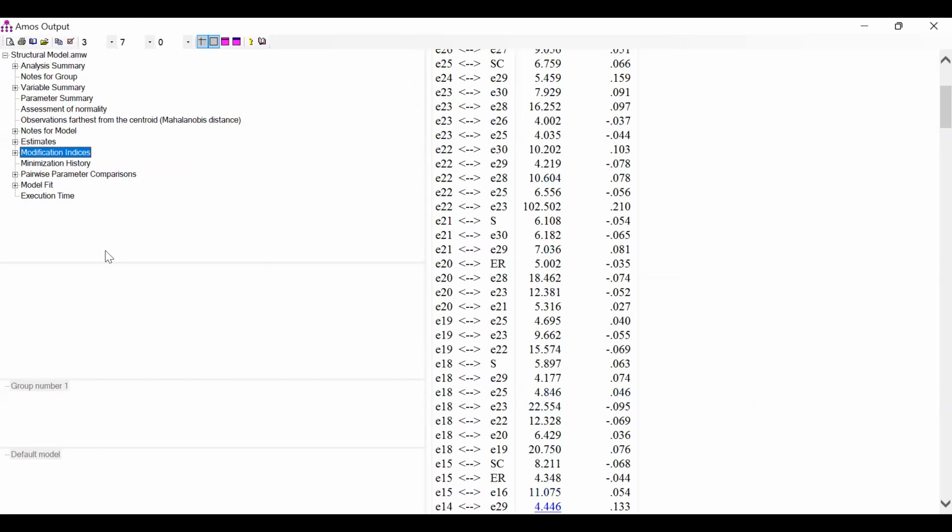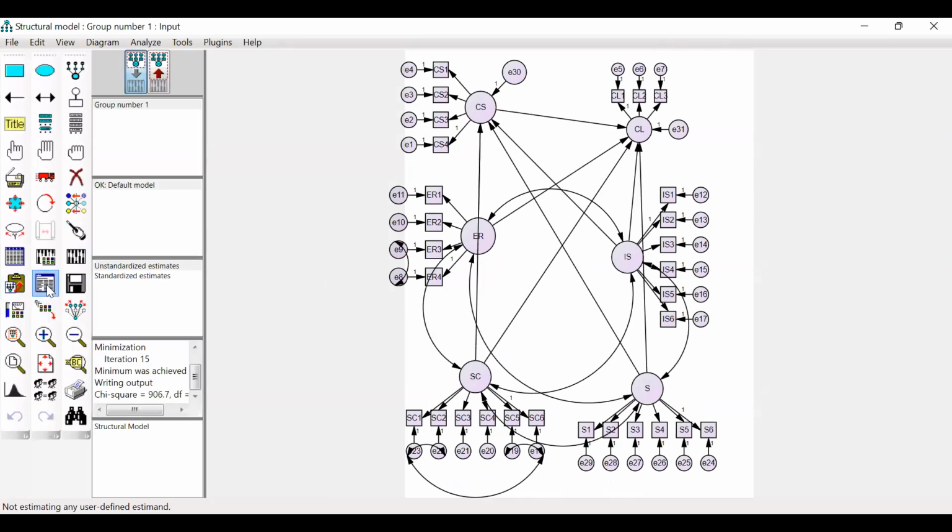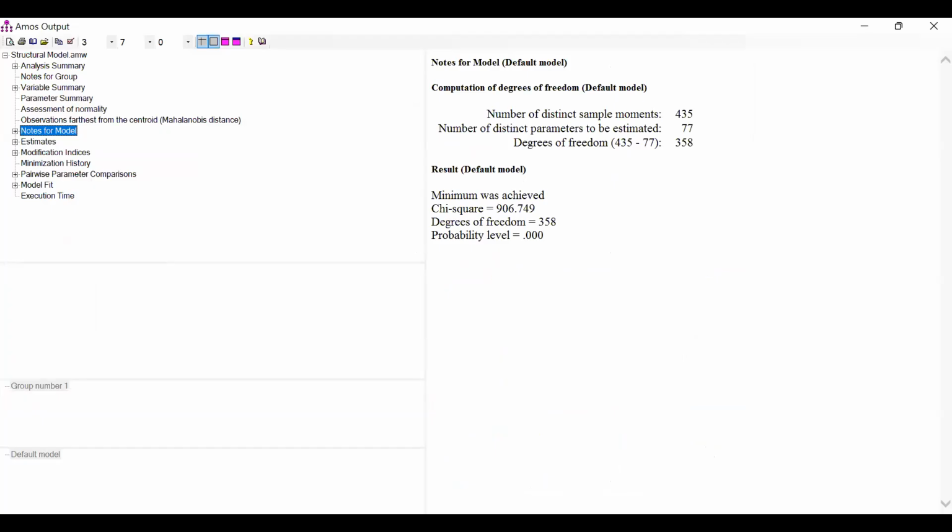So once you correlate them, you run the analysis again and go to the output again.